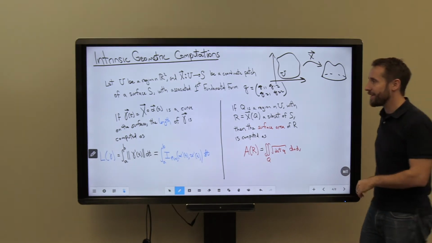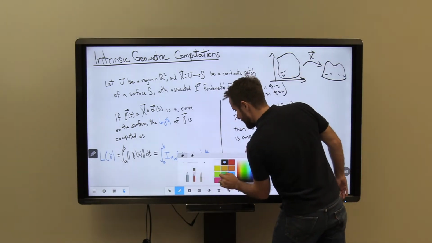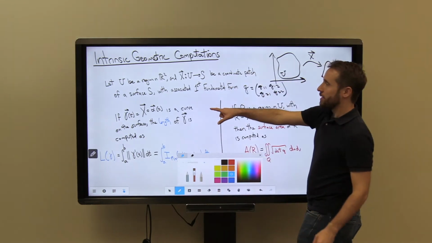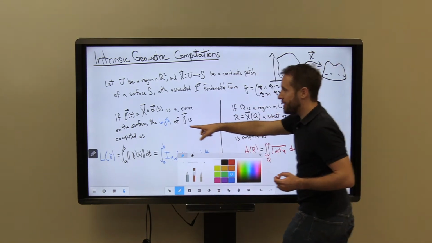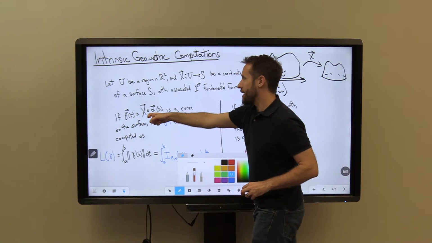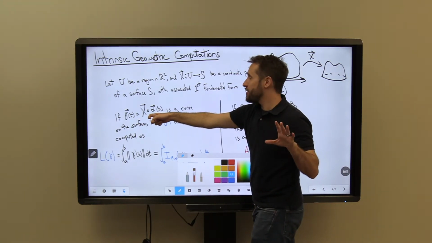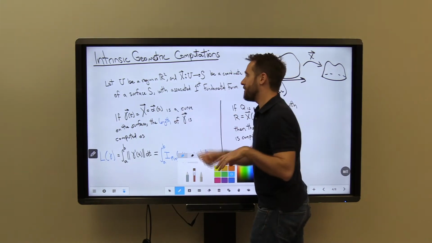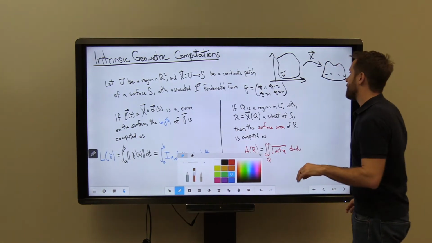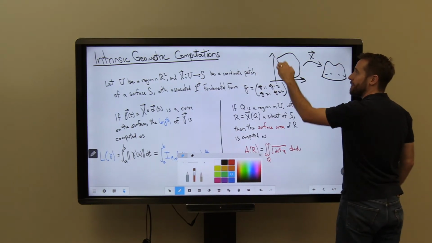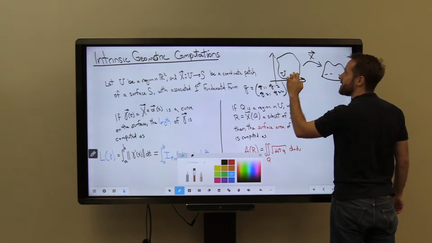First, when it comes to lengths, let's pretend that we have a curve gamma of t. This gamma of t is given as the parameterization of another curve alpha of t. So the setup here is that I'm going to have an alpha of t here in my domain space.